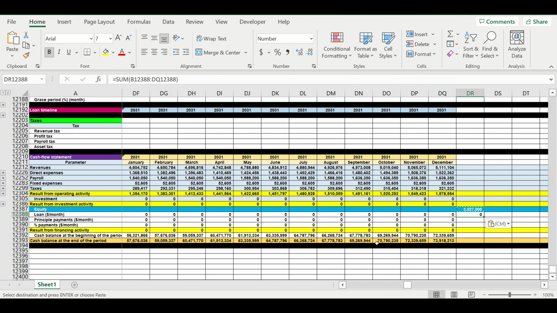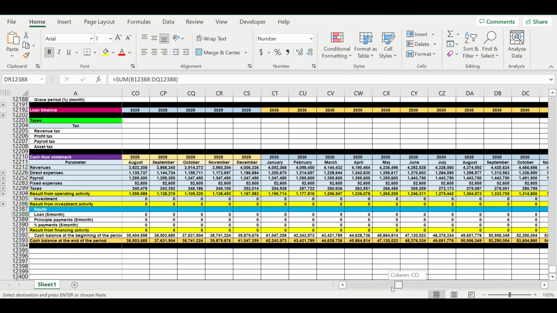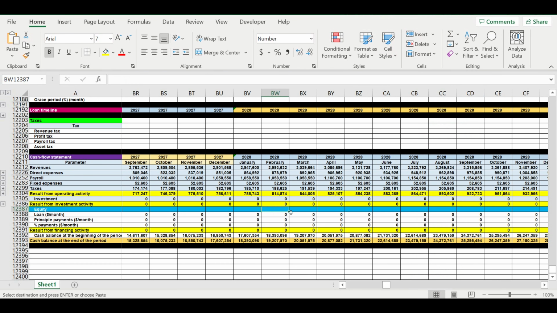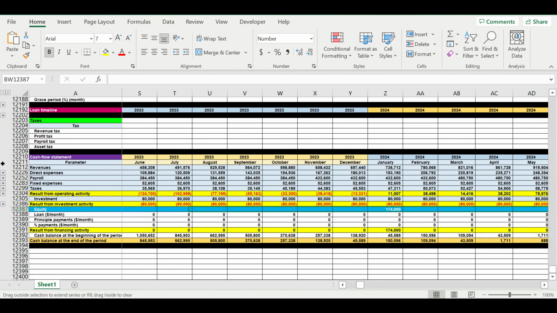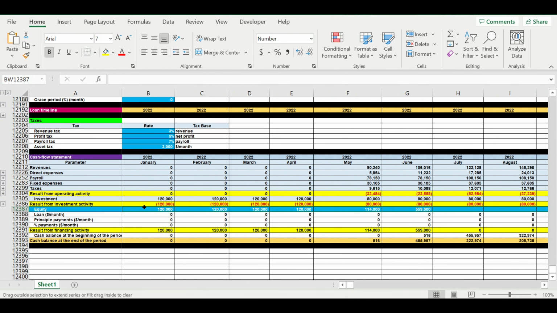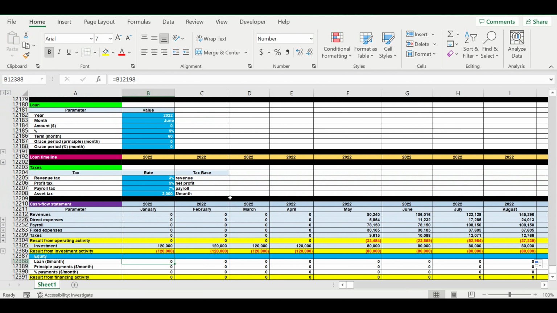For example, we can also add a loan here. For example, we have a mixture of financing. For example, we take on February 2022 a 2 million loan.